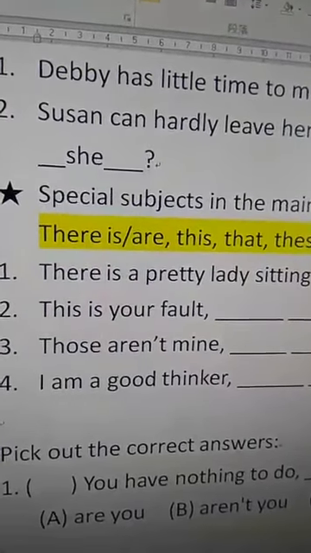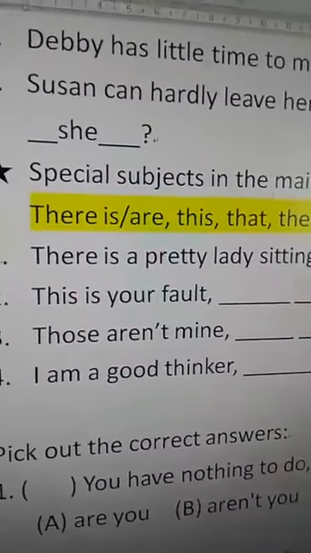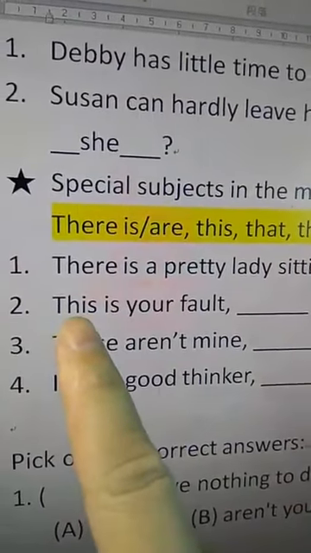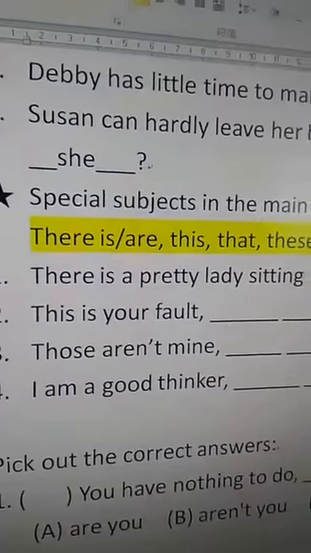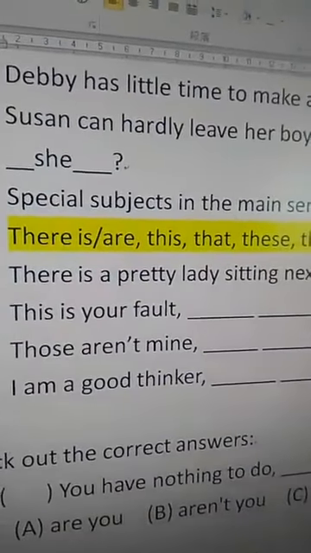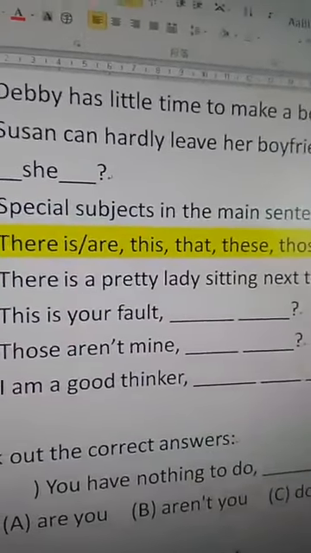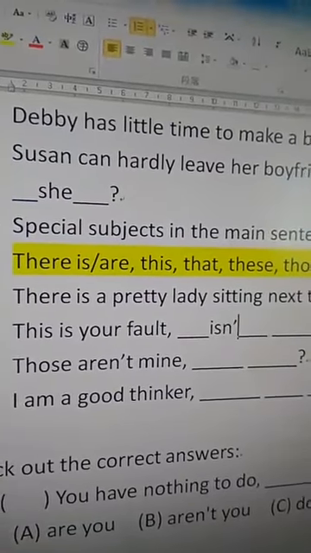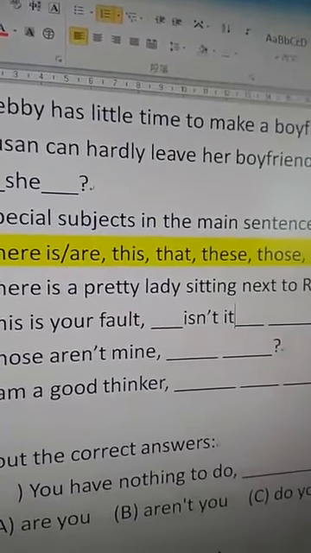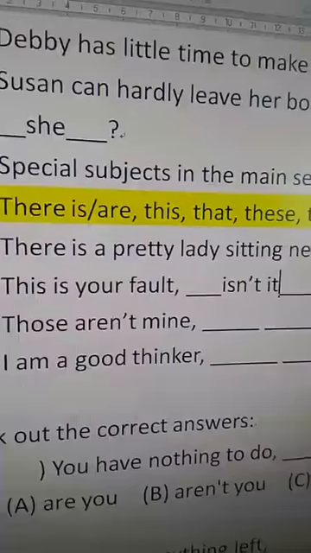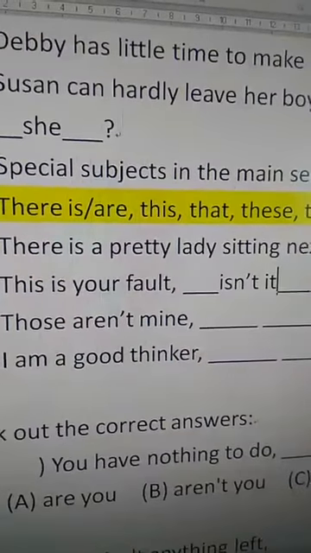Isn't this? Of course not, because whenever you see this or whenever you see that, we should use the pronoun it. So the answer here is isn't it. Okay, that's the answer.